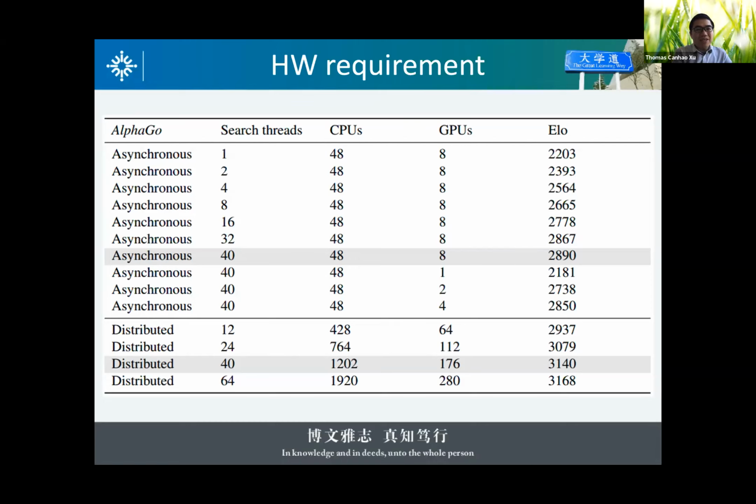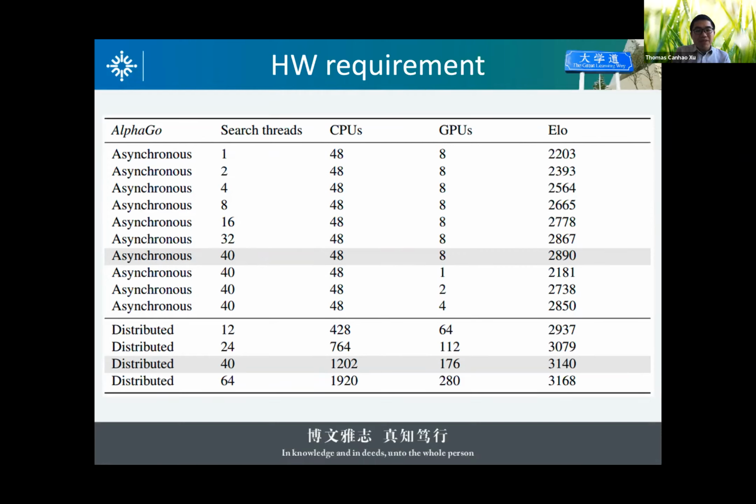As you can see here, the earlier, distributed version of AlphaGo used thousands of CPUs. They had 1,920 CPUs and used 280 GPUs to reach this Elo rating of 3,168.